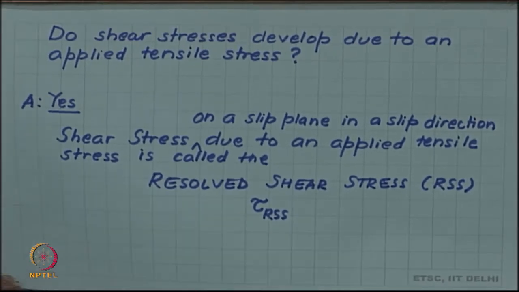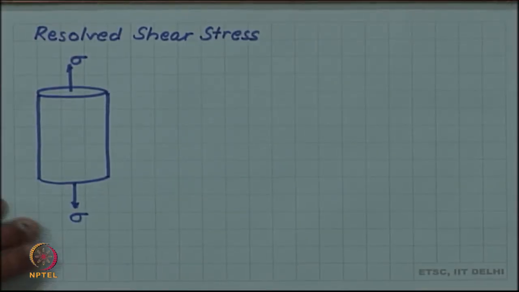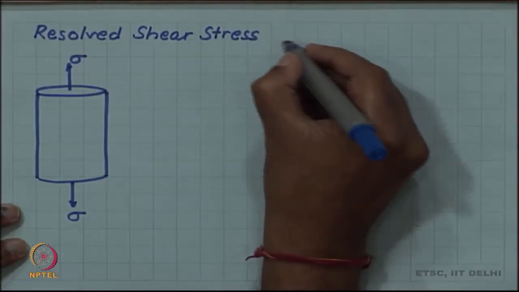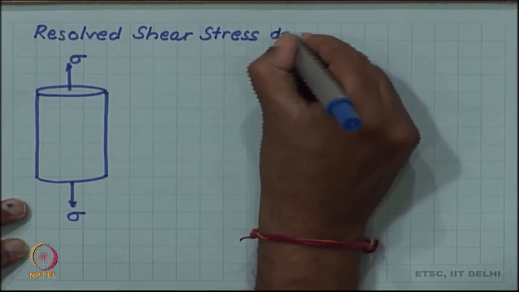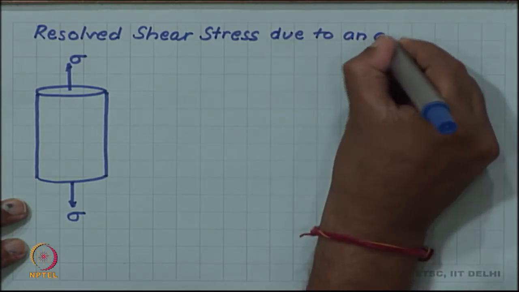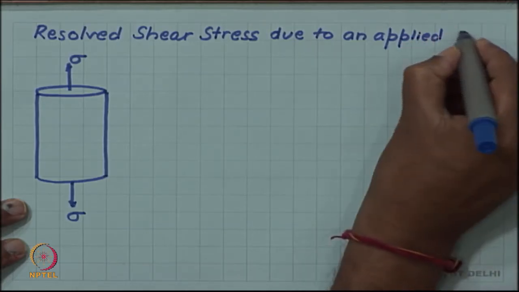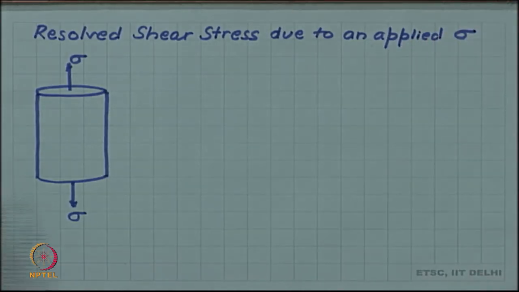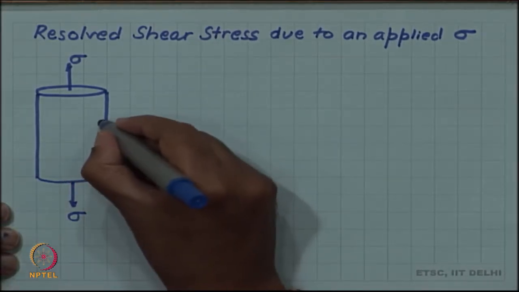Let us now try to find, for a given applied tensile stress, how much resolved shear stress will be generated: the resolved shear stress due to an applied tensile stress sigma as shown here. For this, first we have to identify the slip plane. So, let us include a slip plane.